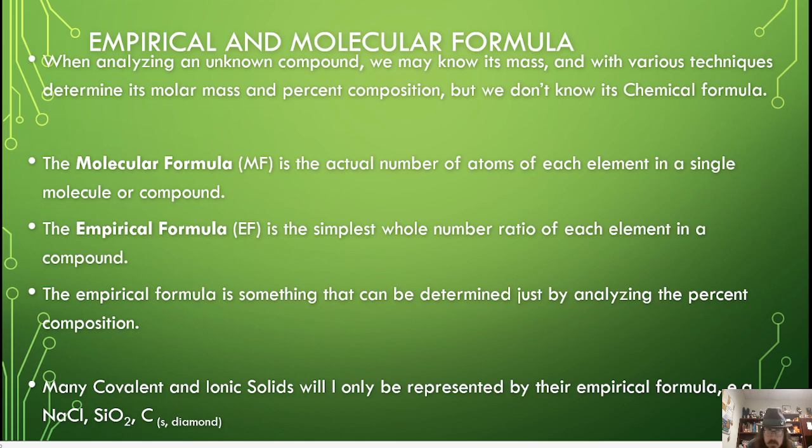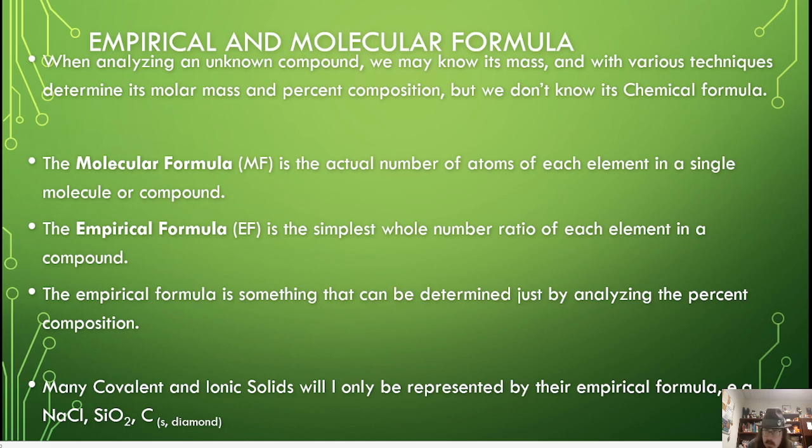So sometimes these may match, but sometimes they won't. Glucose, as I said, C6H12O6, has one carbon for every two hydrogens and one oxygen for every one carbon. It's a 1 to 2 to 1 ratio.